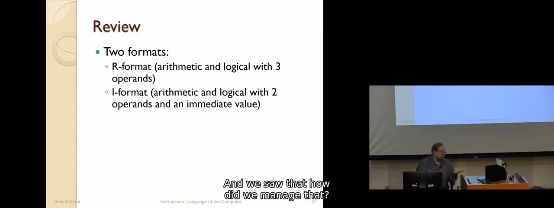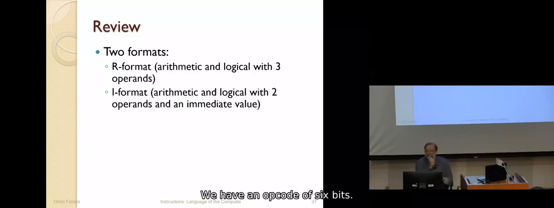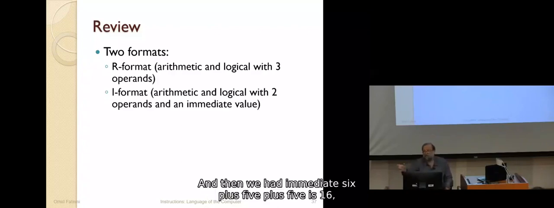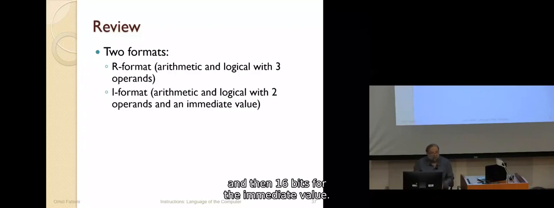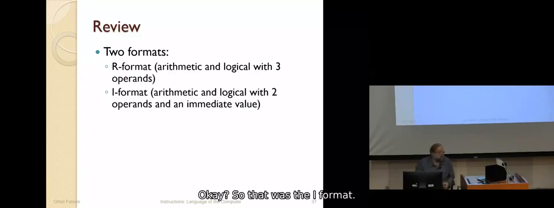And how did we manage that? We had an opcode of 6 bits, then two registers, 5 bits each, and then the immediate. 6 plus 5 plus 5 is 16, and then 16 bits for the immediate value. Okay, so that was the I format.